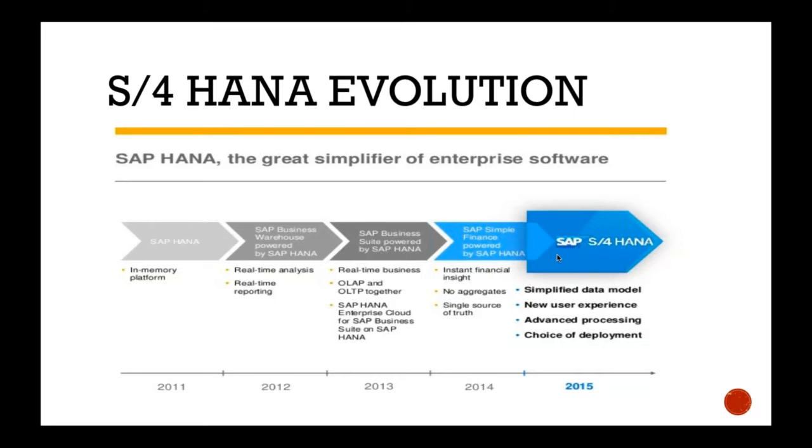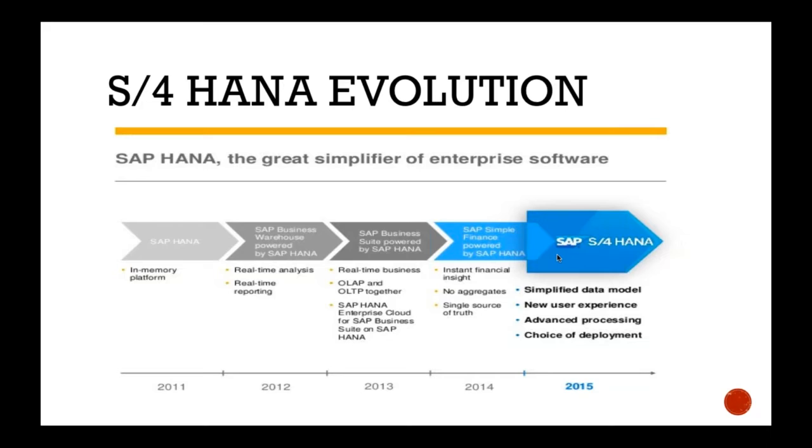If you go for SAP S4 HANA, you have a simplified data model, which means many of the tables which were available in SD, MM, PP, everywhere, are deleted. You are getting a new user experience in the form of SAP Fiori. And also, if you go for SAP S4 HANA, you get the choice of deployment, whether you want to go for cloud or on-premise system.